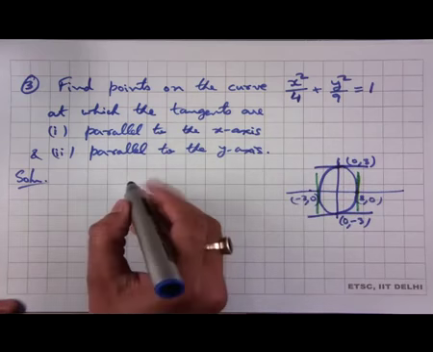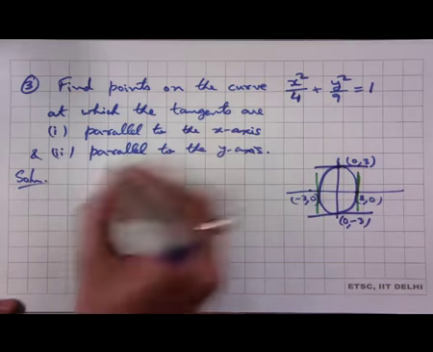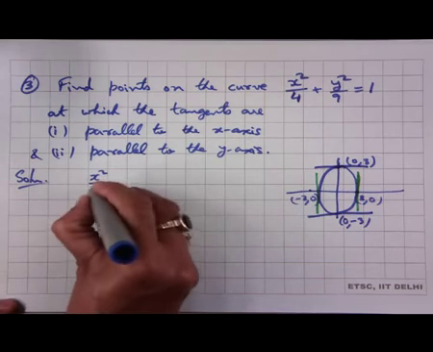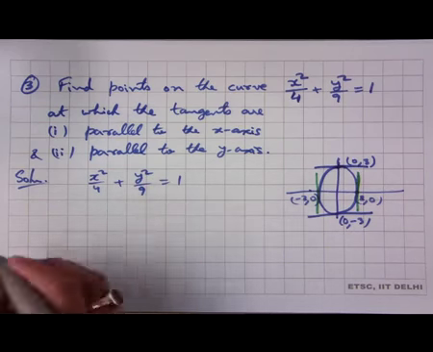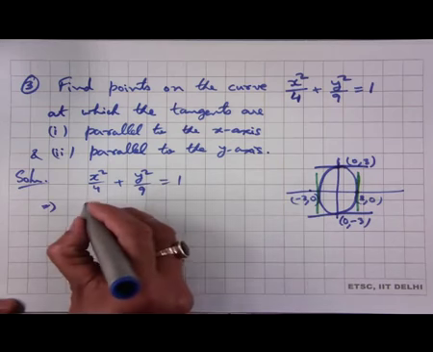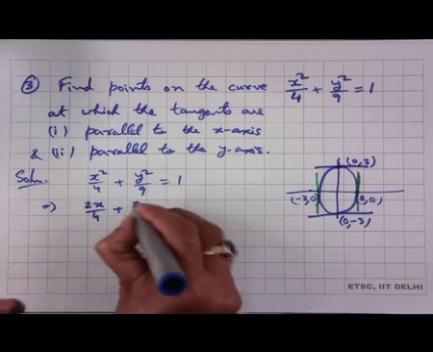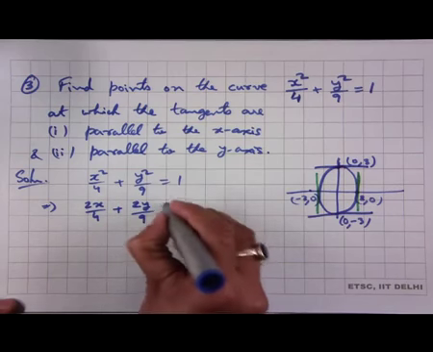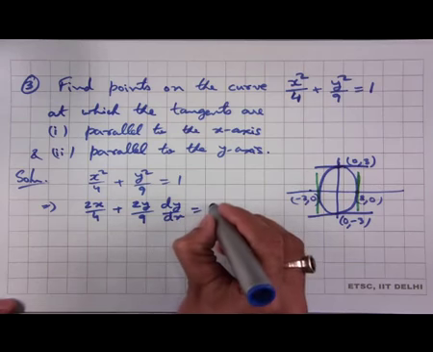So, we are given x square by 4 plus y square by 9 is equal to 1. This implies if I differentiate with respect to x, 2x by 4 plus 2y by 9 times dy dx is equal to 0.